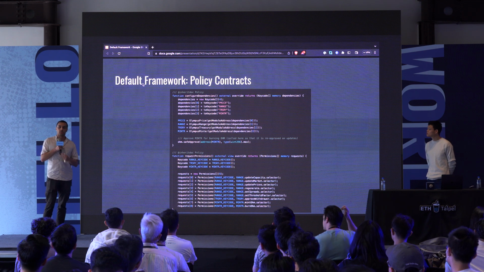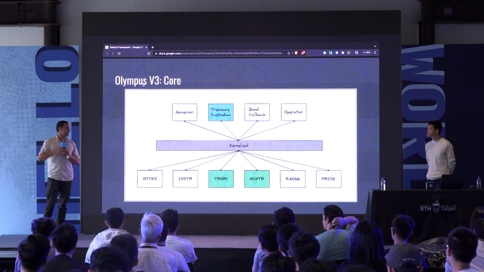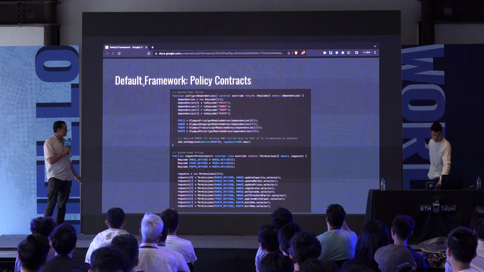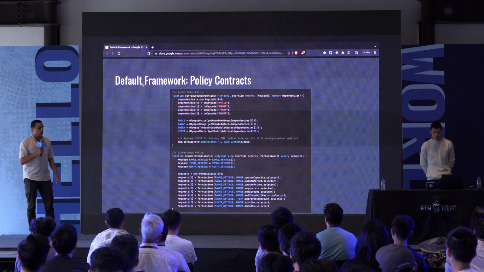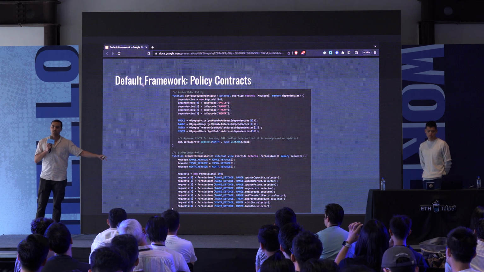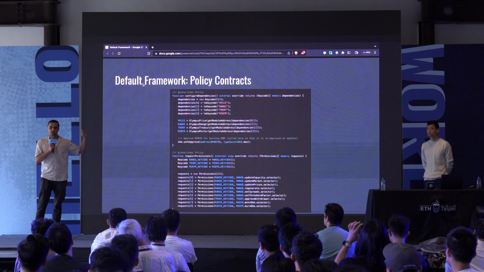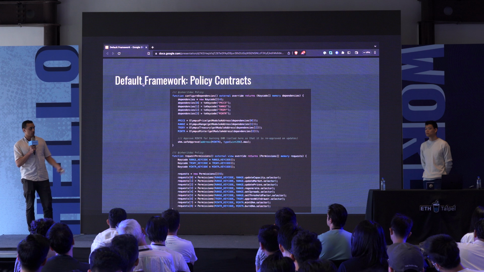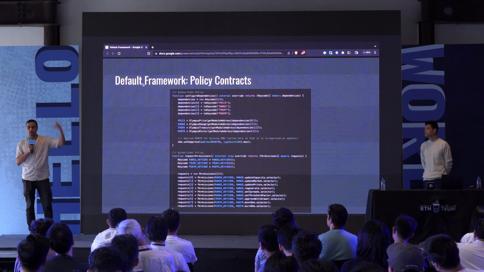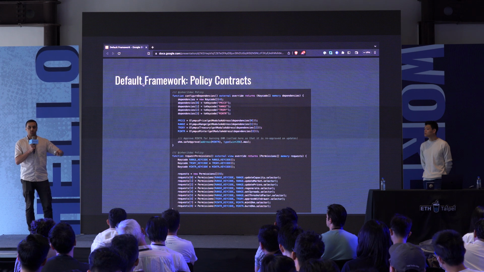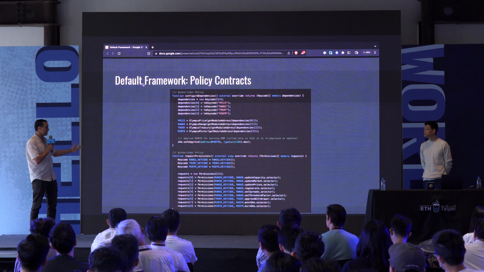If you know what we do, we have a bunch of assets in our treasury, and we use the assets to defend the price of Ohm. So when the price is above a level, we sell Ohm, and when the price is below a level, we buy Ohm using our treasury assets.